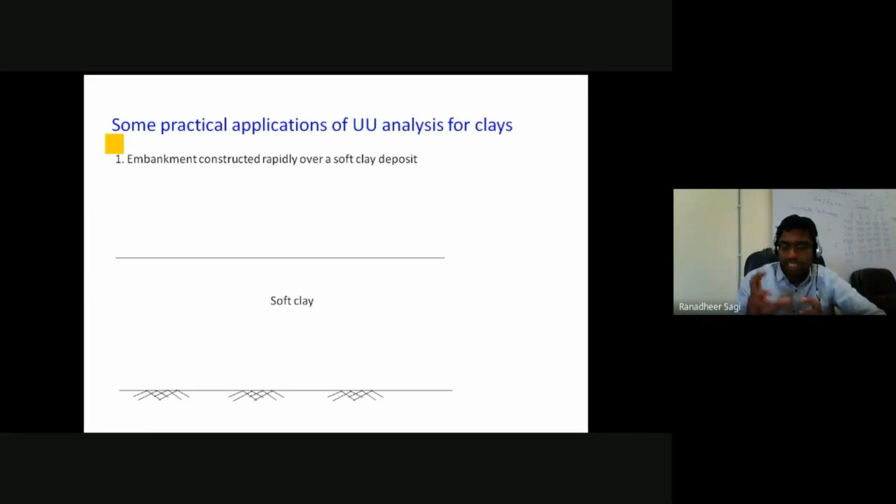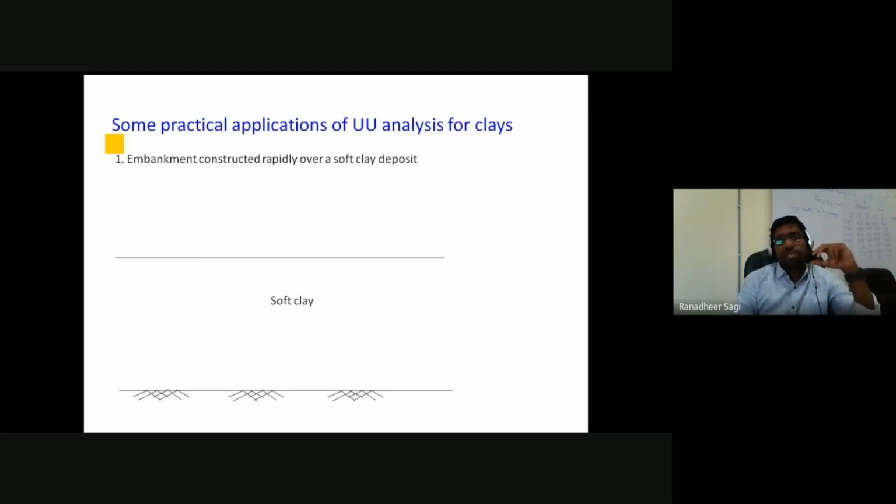So in such a condition of the soil, if I need to know the shear strength parameters of such a soil deposit on which construction is rapidly happening, I can take a soil sample from there in an undisturbed state and conduct what is called a UU test.